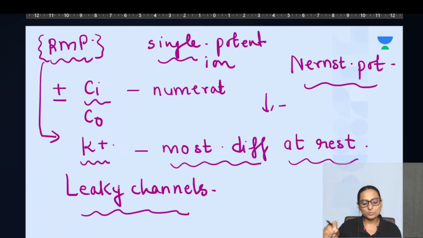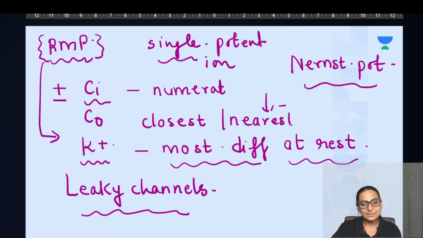So the most diffusible ion at rest is potassium, and therefore the resting membrane potential of an excitable tissue is closest, or nearest, to the equilibrium potential of potassium. So the resting membrane potential is maximally contributed by potassium.